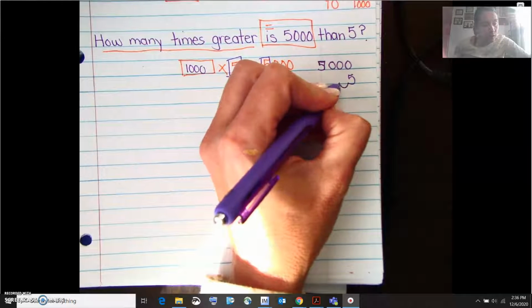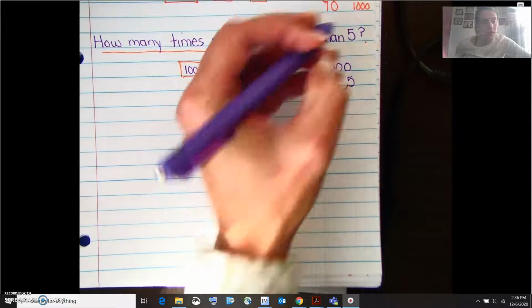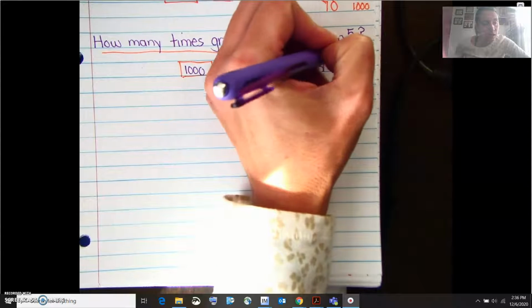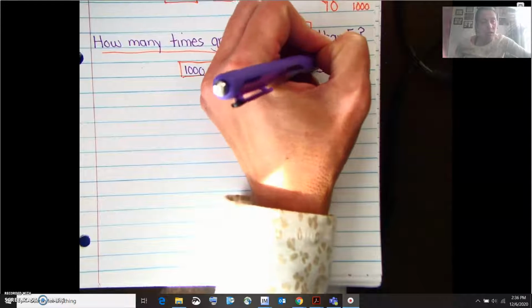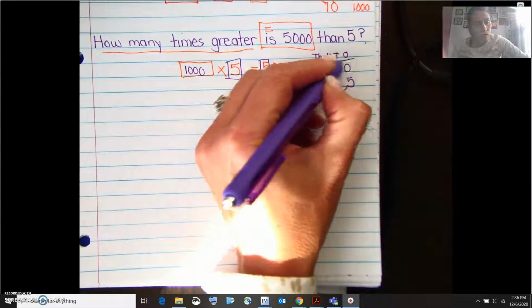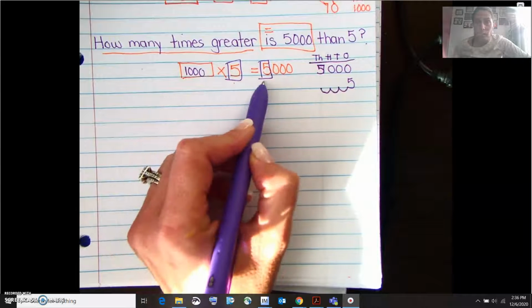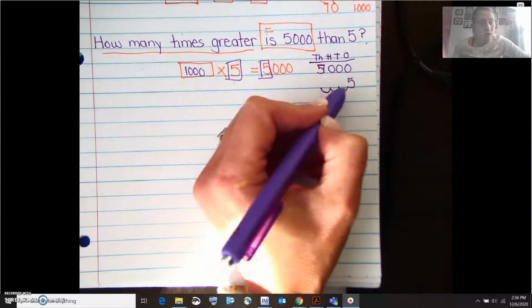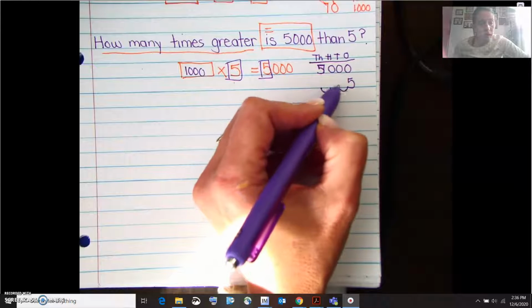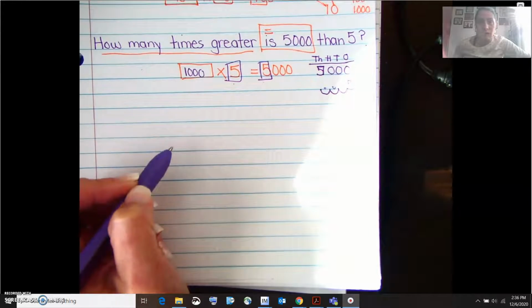So it'd be 1, 2, 3. So that's how I knew it was 3. And this is our ones, tens, hundreds, thousands. Now there's two ways that you can work this out. It can be your place value chart, or it can be the trick one over here. Both give you the same answers. So we jump how many times? That means that's 3 zeros there, so that means it's 1,000.